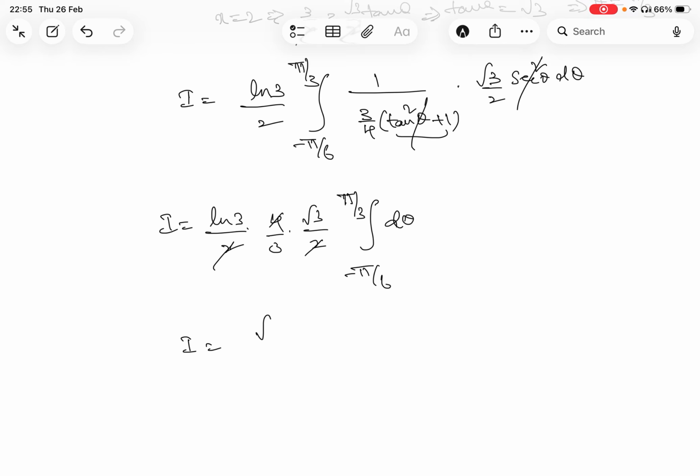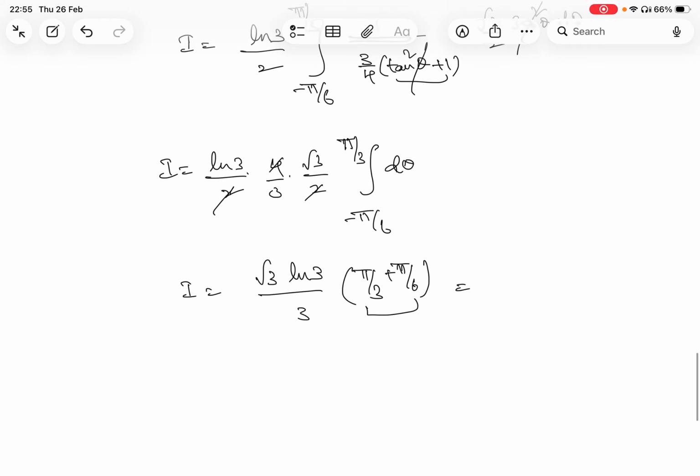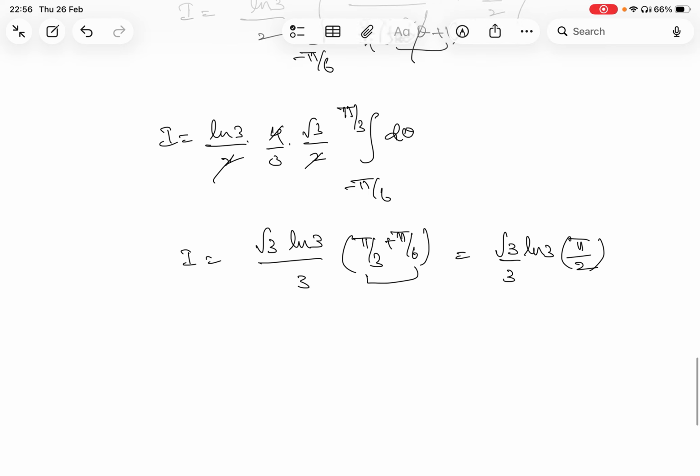Then this is root 3 ln 3 by 3 into pi by 3 minus minus pi by 6, which is plus pi by 6. This becomes pi by 2. Then root 3 by 3 ln 3 of pi by 2.